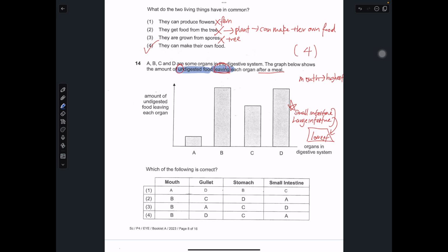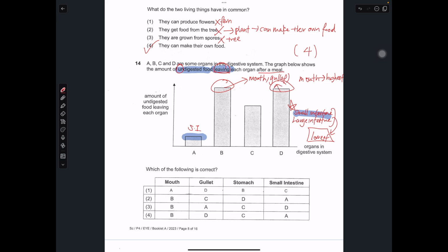Okay, when the food reaches the small intestine. So taking this in mind, you take a look at the lowest. This is the lowest, so this must be the small intestine. Between these, the highest is here and here. So this could either be the mouth or the gullet.